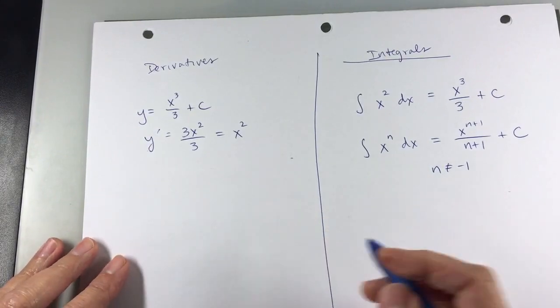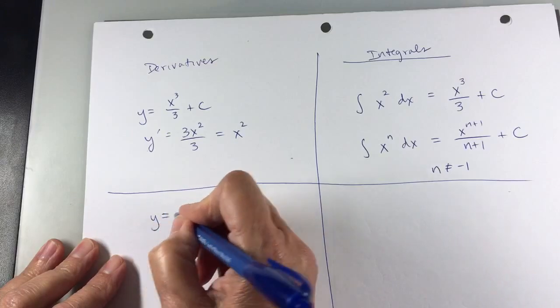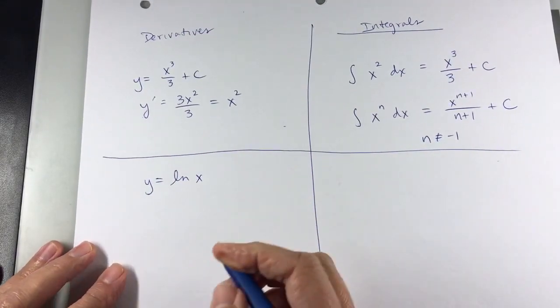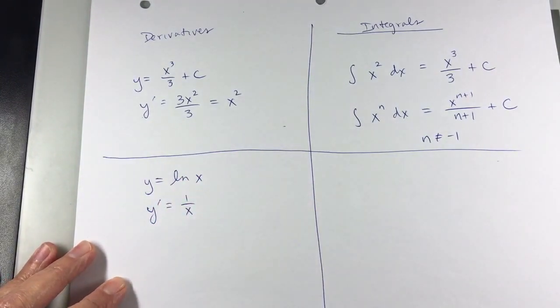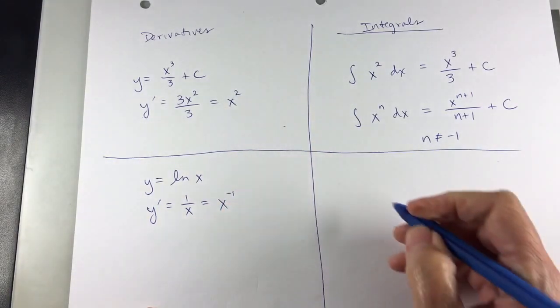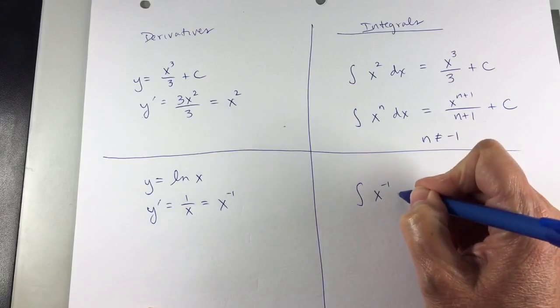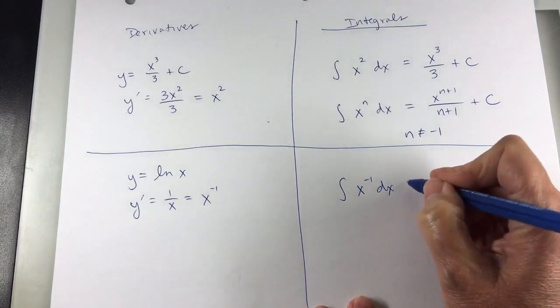Well, the rule for negative 1, that's the logarithm, natural log. y equals the natural log of x. The derivative of the natural log of x is 1 over x. And there it is. That is x to the minus 1. So when n is negative 1, you might see it written as the integral of x to the negative 1 dx.